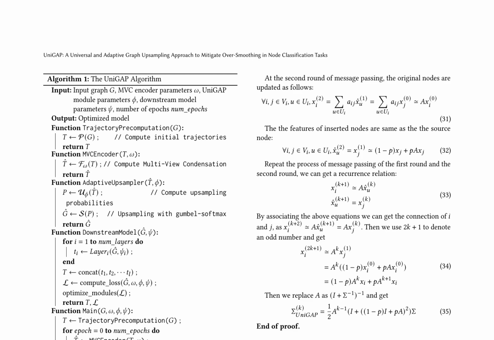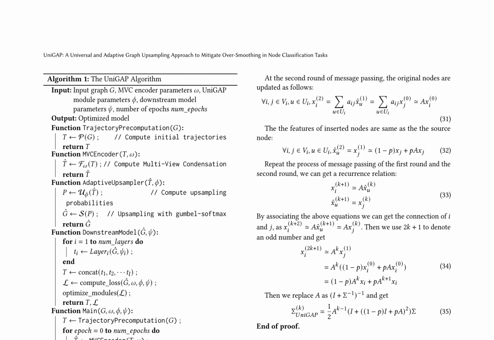The trajectory precomputation function computes initial trajectories from the input graph G. These trajectories are then processed by the MVC encoder function, which utilizes a multiview condensation encoder with parameters omega to output condensed trajectories T. The adaptive upsampler function computes upsampling probabilities and applies them to the condensed trajectories, generating an upsampled graph G. This process employs Gumbel's softmax to ensure differentiability.